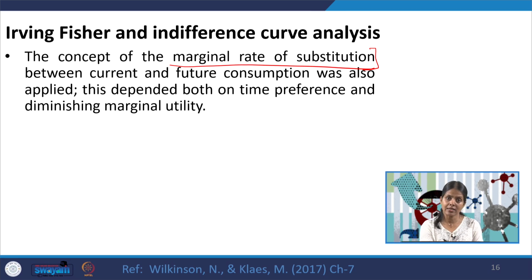Here in this context, the marginal rate of substitution, or in short MRS, is applied to current and future consumption. So, this is basically the same concept, that the rate at which we need to substitute current consumption with future consumption or future consumption with current consumption in order to maintain the same level of utility was applied.